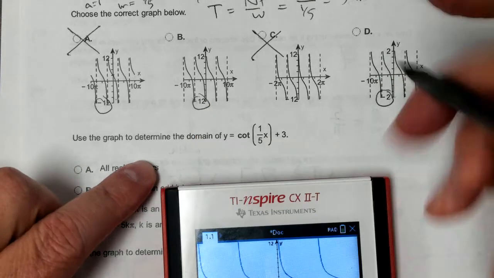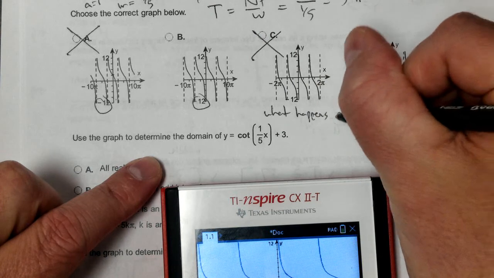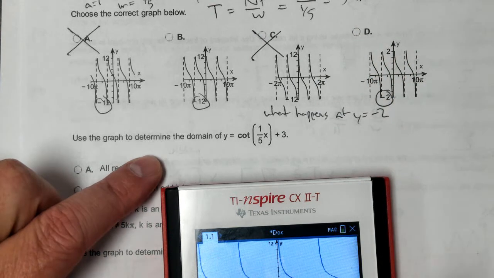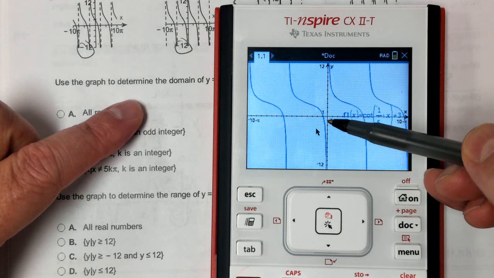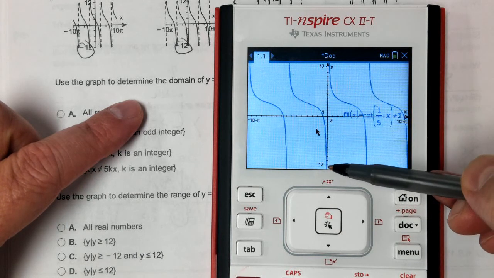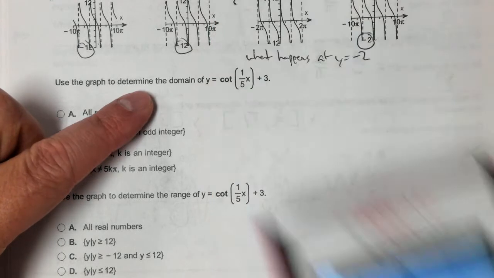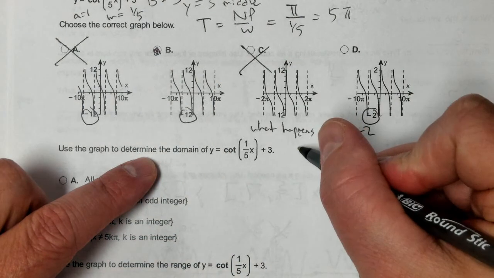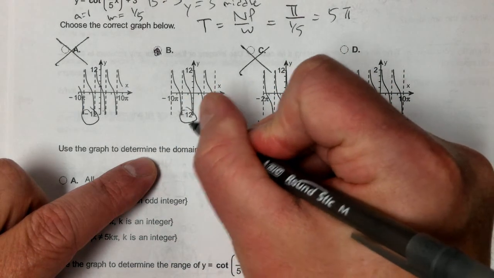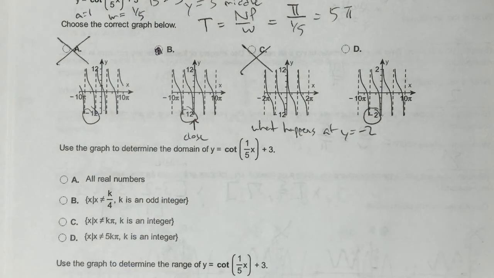So what happens at y equals negative 2? At negative 2 on the graph it's kind of spaced out, but at negative 12 it's very close. And so that's how we know it's this graph. So it's close right there. So that's how you figure out the graph.